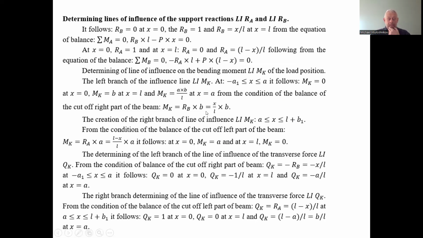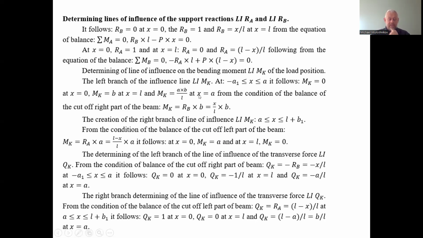Using these two formulas, we have the bending moment and we can substitute: x divided by L, multiplied by B. When we substitute x equal to 0, and x equal to L, we find that the bending moment is equal to 0 at x equal to 0.